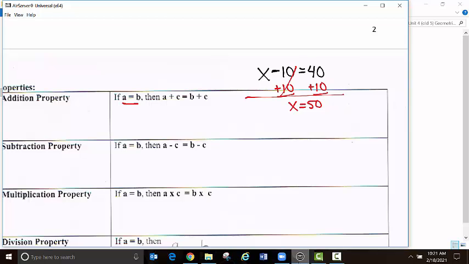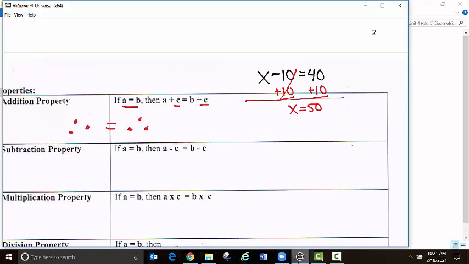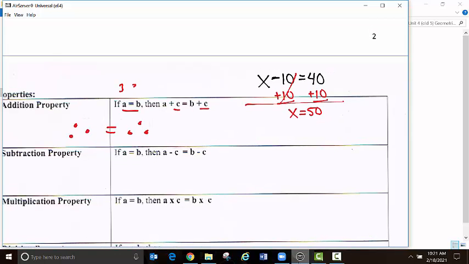If you have two things that are equal and you add the same number to both sides, they're still equal, such as if you add 3 things over here, that's equal to 3 things over here. So maybe A is 3 and B is 3. Maybe C is 1. If you add 1 on this side and 1 on this side, they're still equal. Okay, so it's stating the obvious.